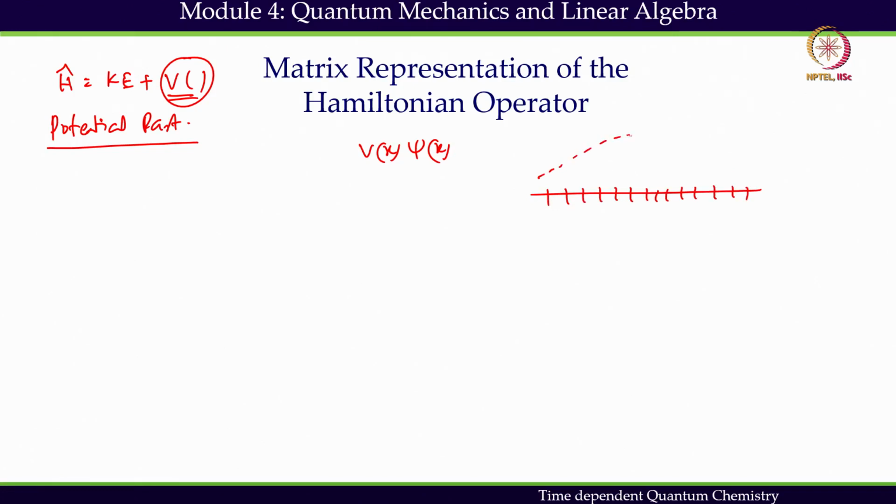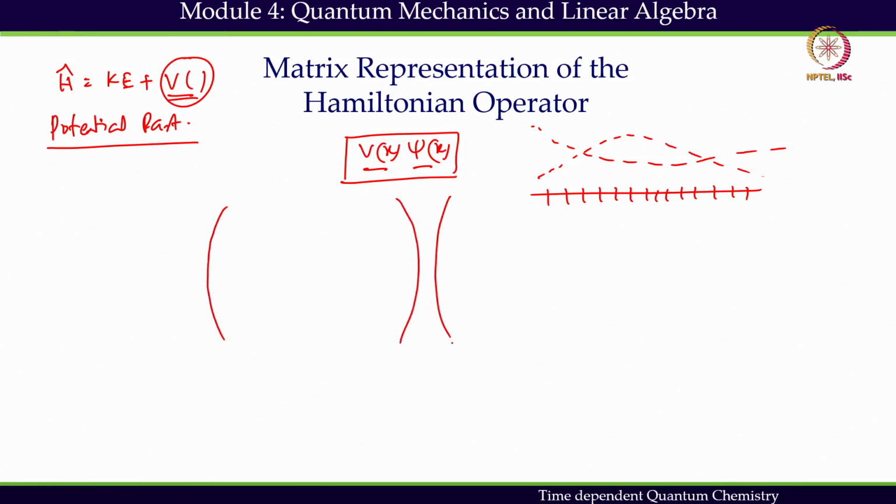So, this is, let us say, psi, and V(x) has a form like this. If I multiply these two functions, this is scalar multiplication. Scalar multiplication is nothing but the multiplication of individual elements of the respective matrix. So, V can be represented diagonally because it is just a scalar multiplication.